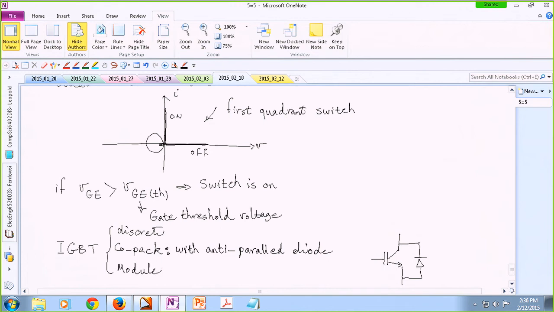Sometimes 2 of them are cascaded, or sometimes 4 of them are together in the form of an H-bridge, or sometimes 6 of them are together in a form of like an inverter, like a 3-phase inverter.